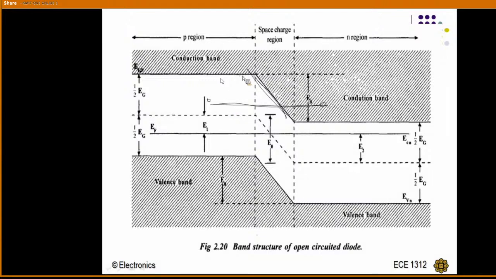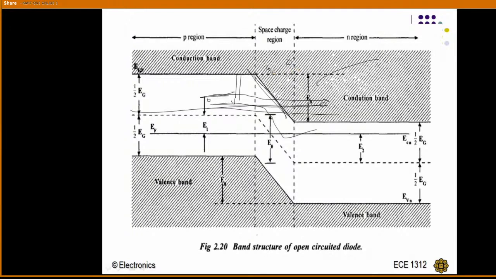Now, reducing the height of the barrier, for example, if this height is at this level, this is the height in the open circuit junction. These electrons in the conduction band cannot move.